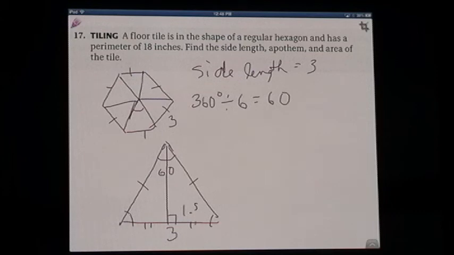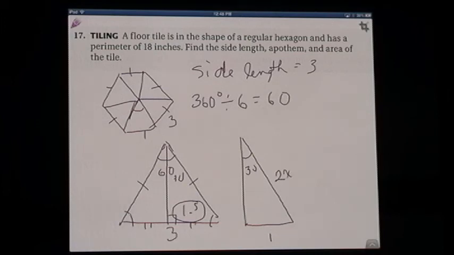And since this is a 30, 60, 90, we know that it's a 1, 2, root 3 triangle. I'll redraw it over here so you can see it. Okay, this is split in half right here, so it's a 30-degree angle. This is 1, and we remember 2 is more than root 3, so that has to be your hypotenuse, which means we're going to multiply this side right here by 2.